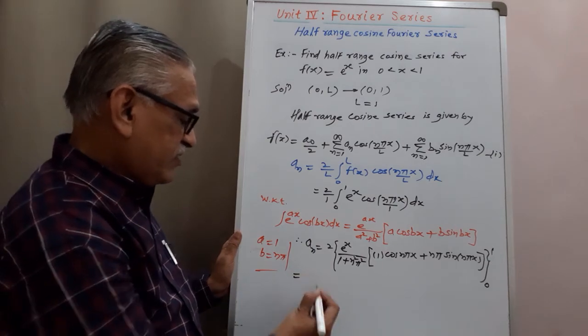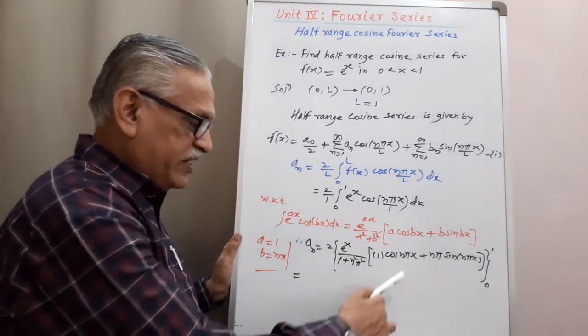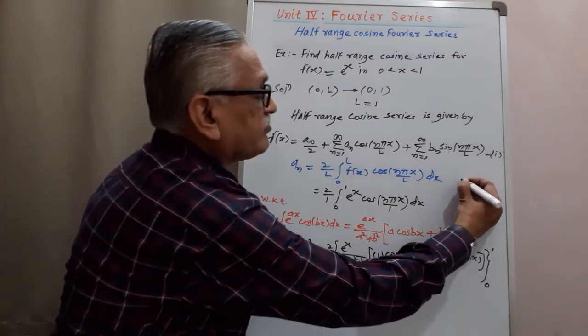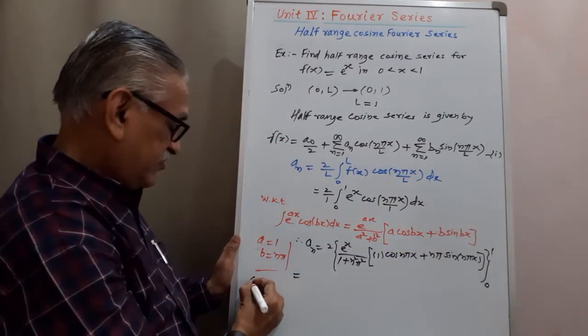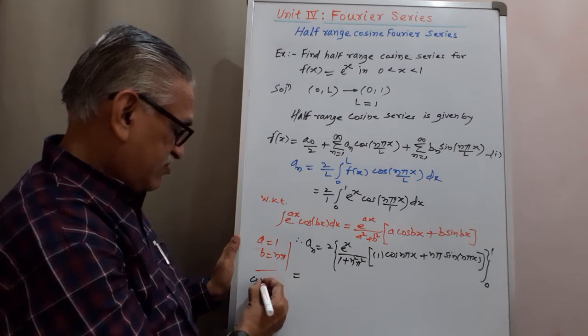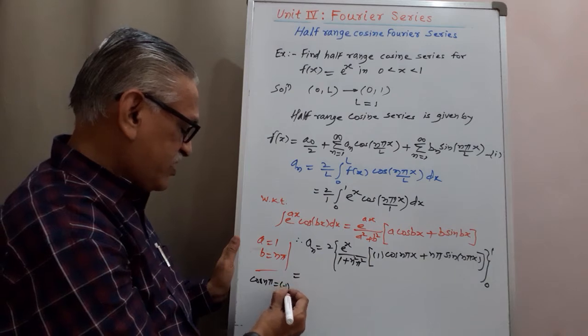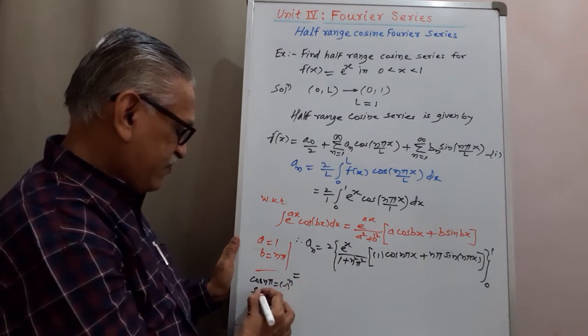When we put the upper limit, we get the terms cos n pi and sin n pi. The value of cos n pi is minus 1 raised to n, and sin n pi is 0.